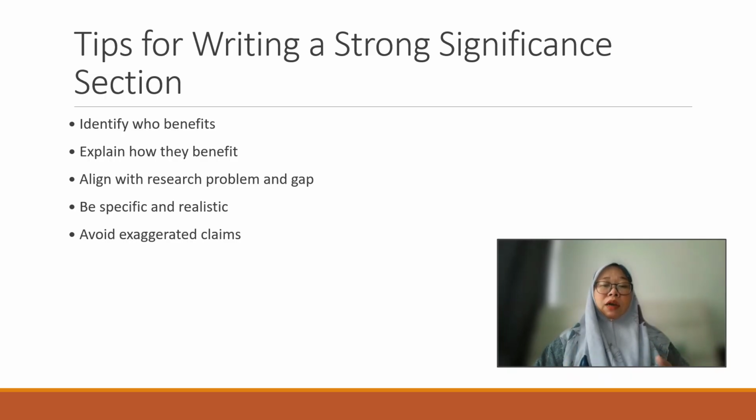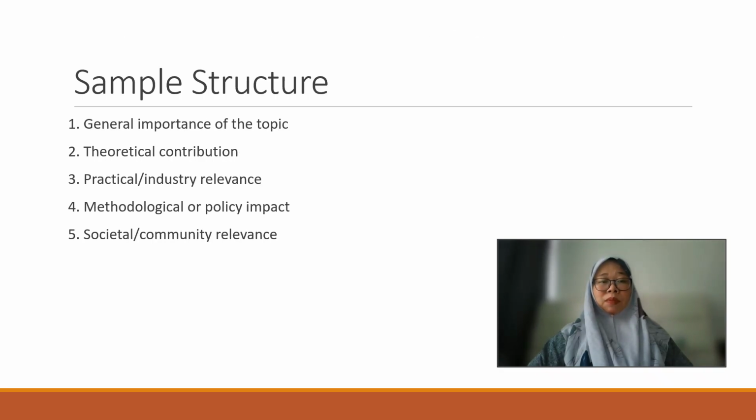Avoid vague claims, such as this study will help everyone or this study will solve all problems. This will weaken your credibility. Instead, you need to be precise about the contribution of your work.